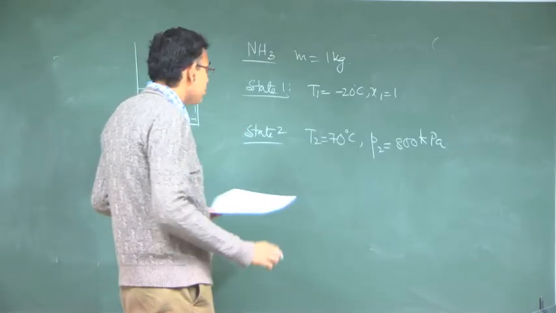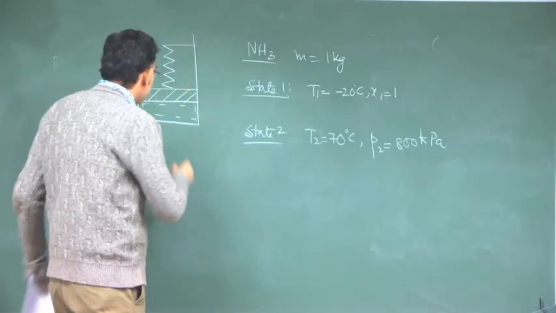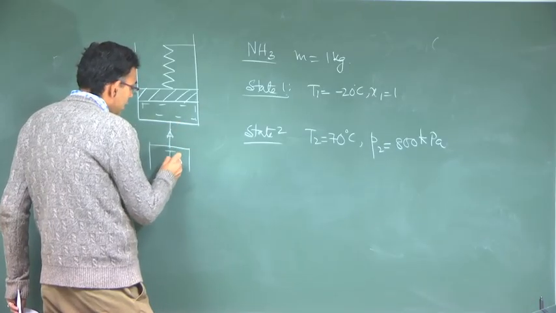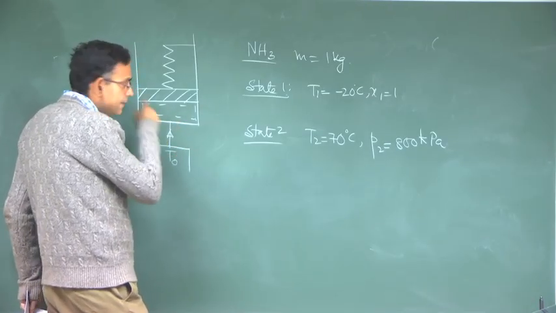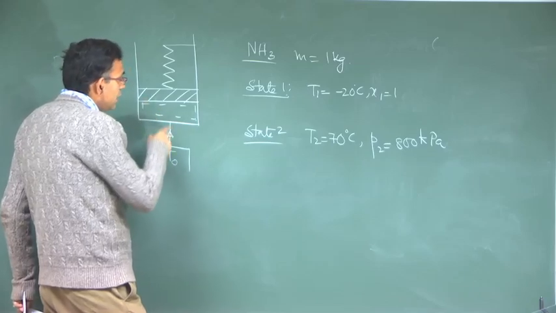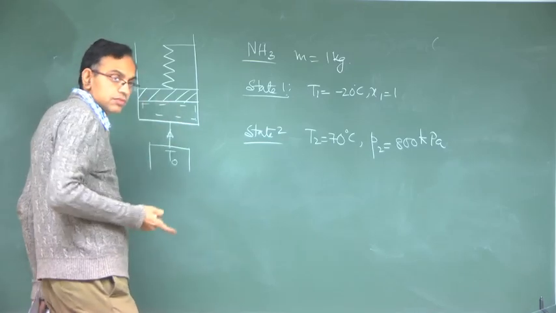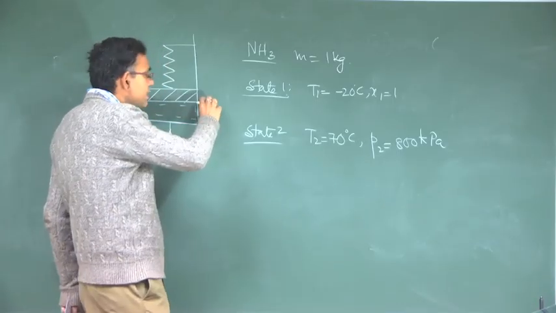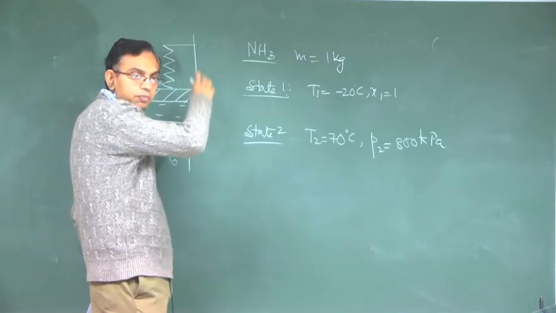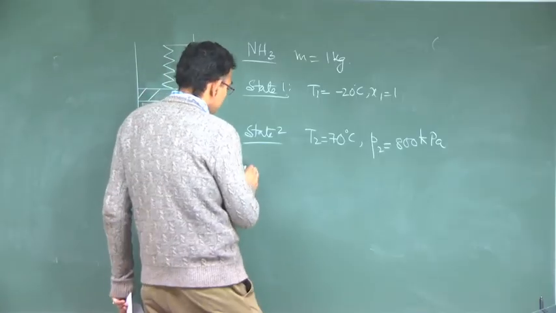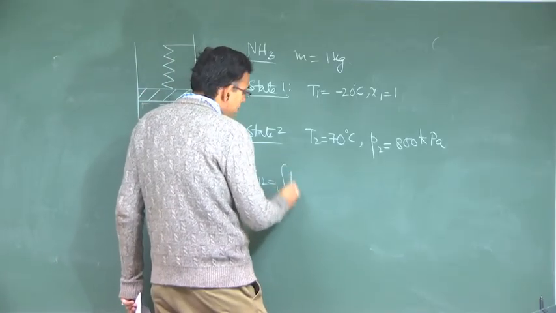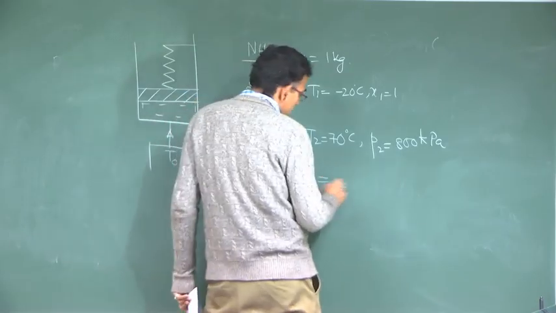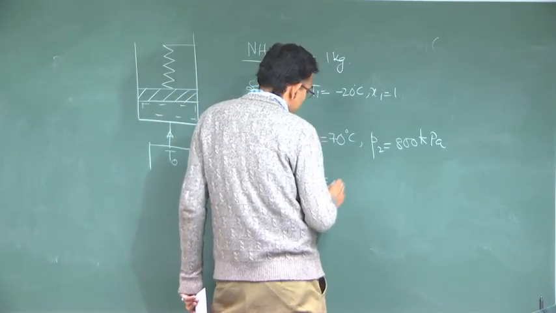The first thing that we will require, when heat is transferred from this T0 to here, there will be an expansion. So, there will be a work done. If it is internally reversible, that means it will move in a quasi equilibrium process, so work done will be integral PdV.